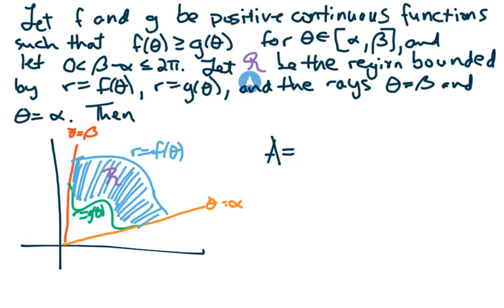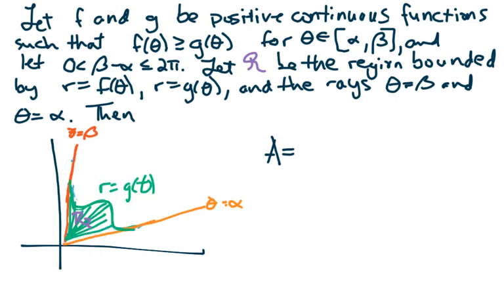Then this region R, bounded by these two curves and these rays, will be just the difference of the integrals. The difference of R1, the area between f of theta and the pole, and R2, the area between g of theta and the pole.